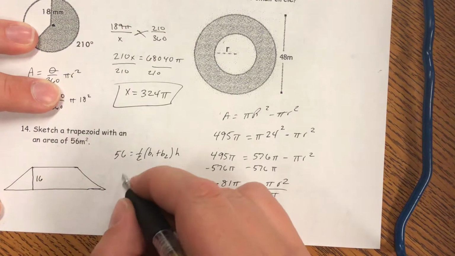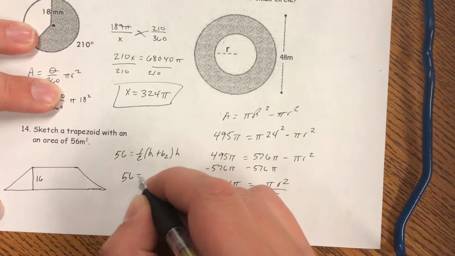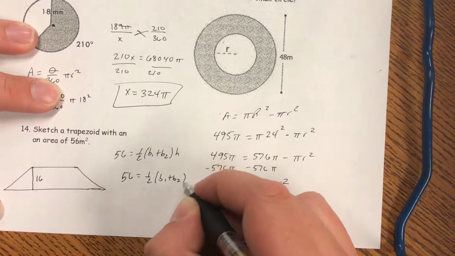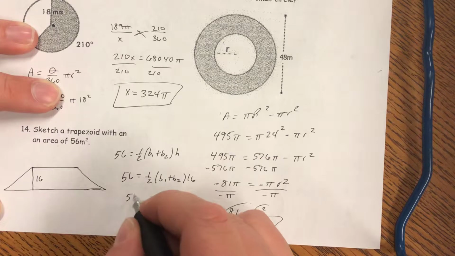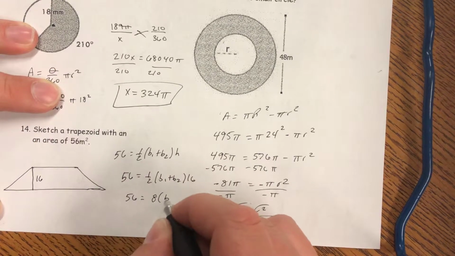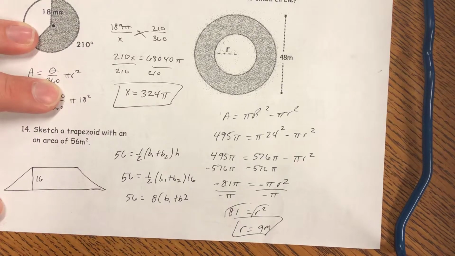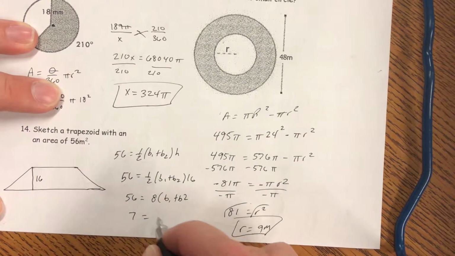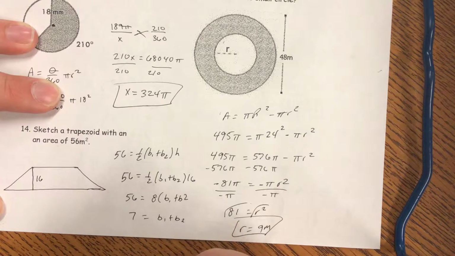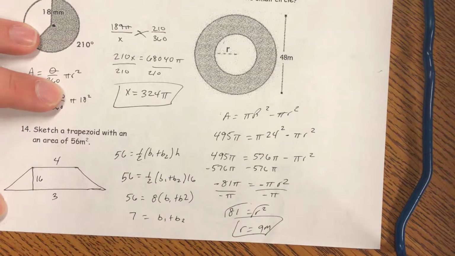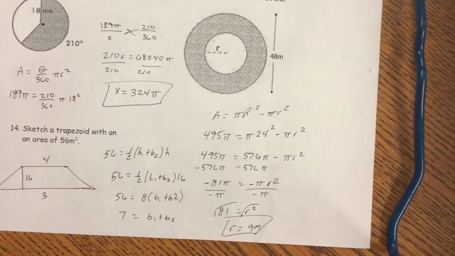So 56 equals 1/2 times base 1 plus base 2 times 16, which is 56 equals 8 times base 1 plus base 2. 56 divided by 8 is 7, so 7 equals base 1 plus base 2. That means I can really just do whatever I want with that. Just make sure the formula works out at the end.